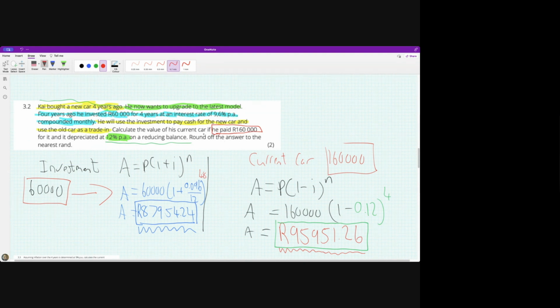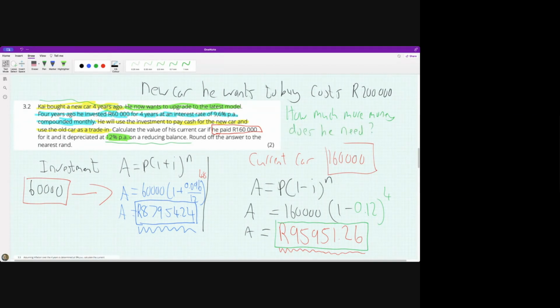Okay, the question is a little bit cut off in that it doesn't mention how much the new car is. Ooh, okay, let me add to this question. If the new car he wants to buy costs 200,000, how much more money does he need?